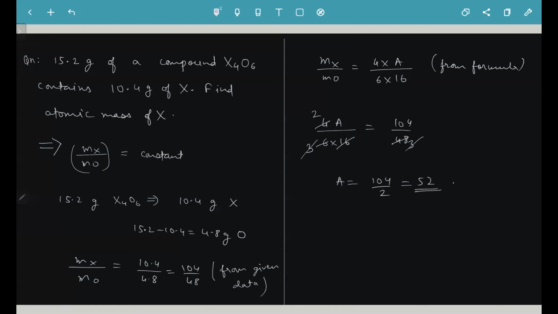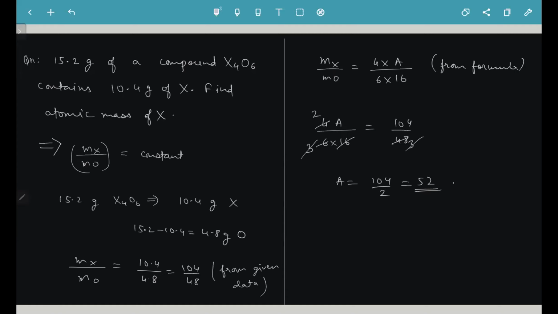X is any hypothetical element. I'm not talking about any particular actually existing element. I think atomic number 52 is tellurium. Mass 52 is chromium.